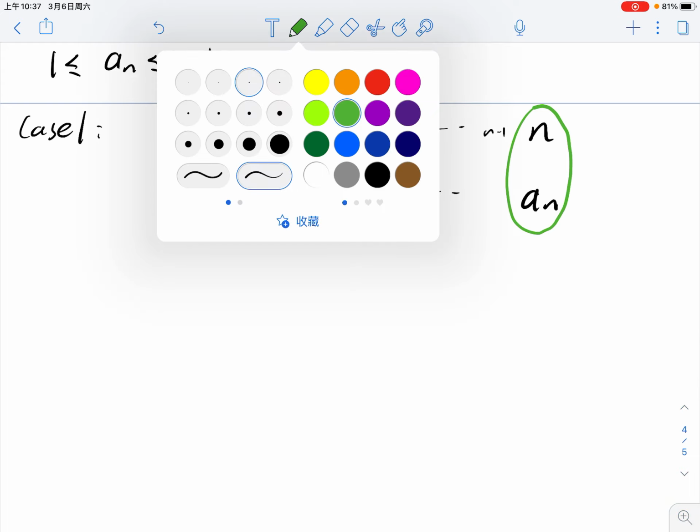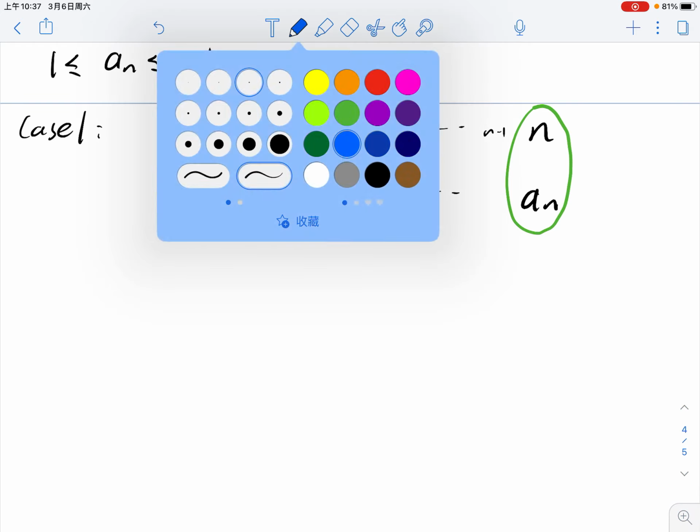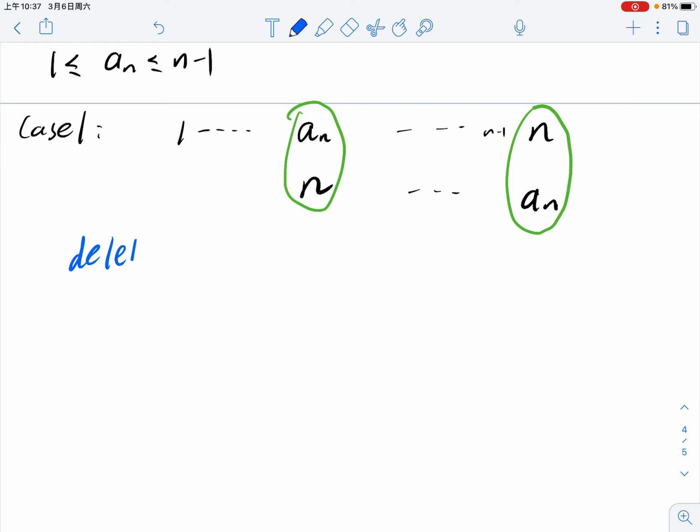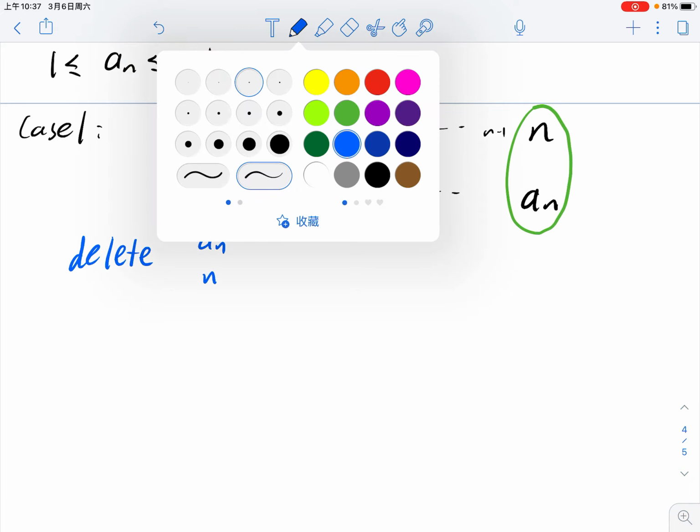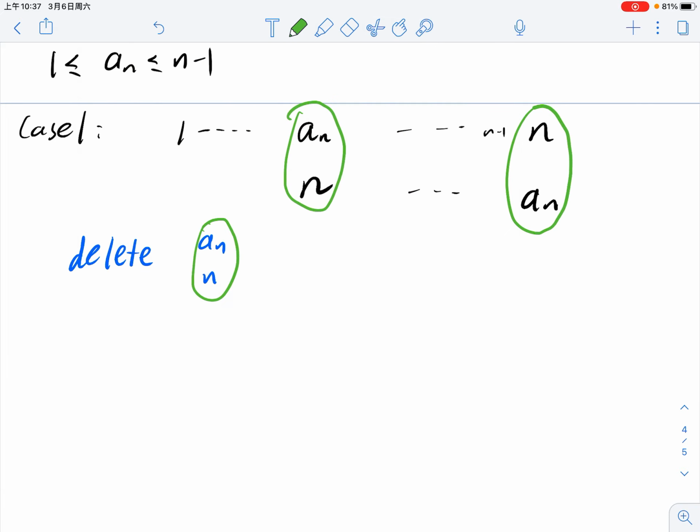Okay, then what can we do? We can delete a and n. Oh, this is a symbol for a pair. Or if you like, let's do it this way. Delete a and n, and an.